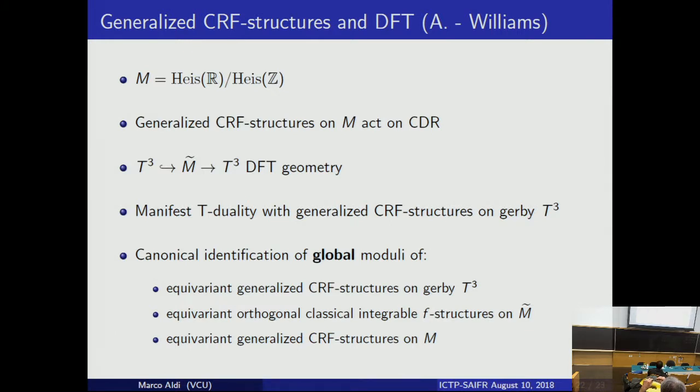And you get, like we had before, a canonical identification of global moduli of equivariant generalized CRF structures on the 3-torus with the 3-form flux, and equivariant orthogonal classical integrable CRF structures on M, and equivariant generalized CRF structures on the Heisenberg Nilmanifold. And you can also look at the actions. So the actions here tend to give you again representations of the N=2 superconformal algebra.